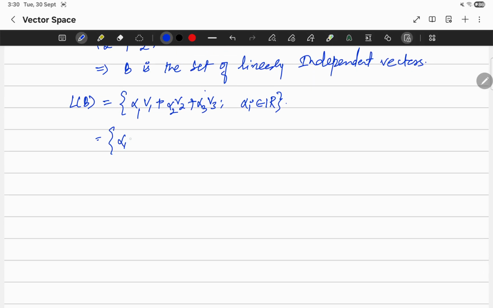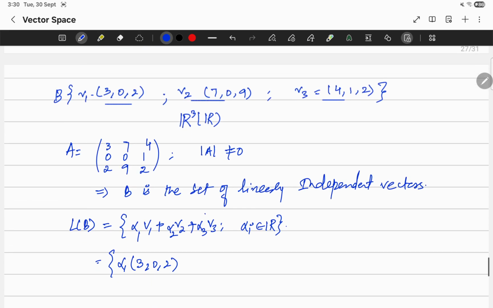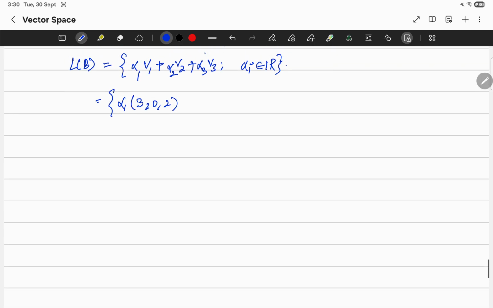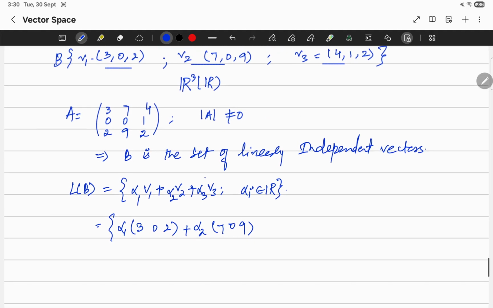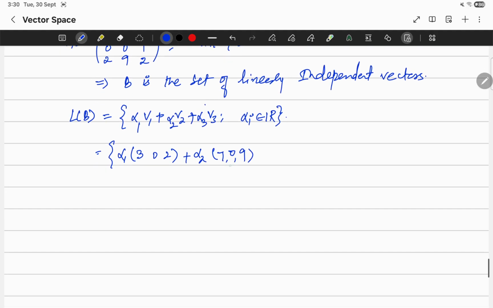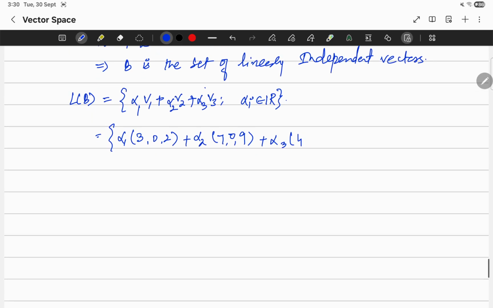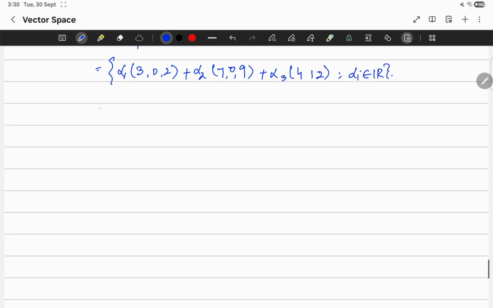You get alpha 1 times 3 0 2, plus alpha 2 times 7 0 9, plus alpha 3 times 4 1 2, and these alphas are from R. So what does it mean?